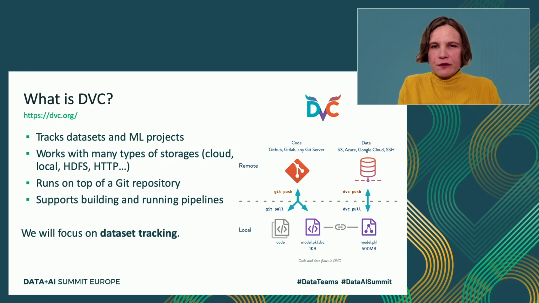And it runs on top of a Git repository. So the way it functions is that DVC versions a dataset, and it creates a small file which will be versioned by Git. So DVC, dataset, information about the dataset, Git.